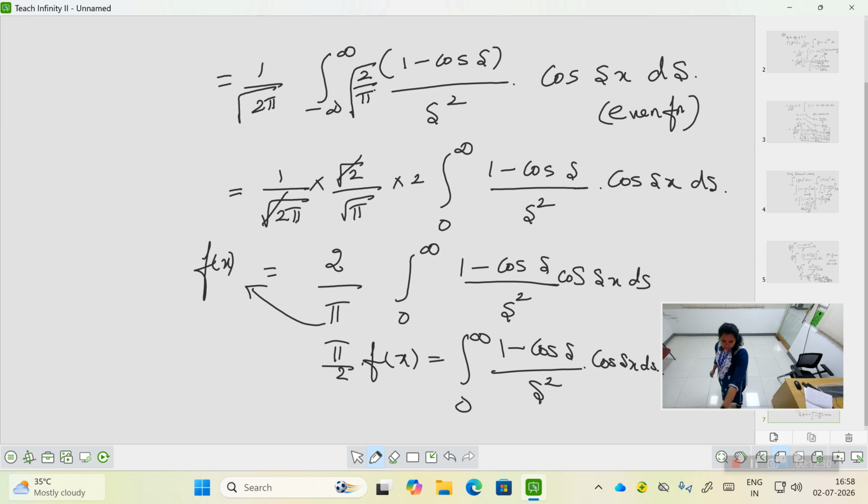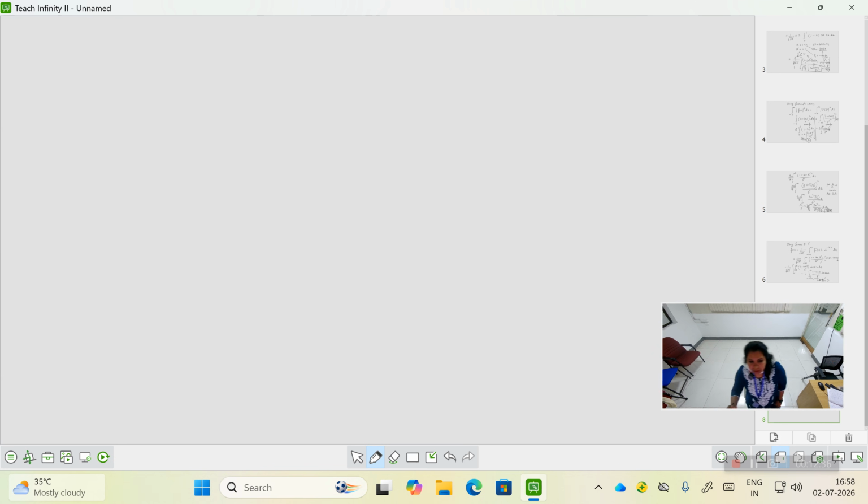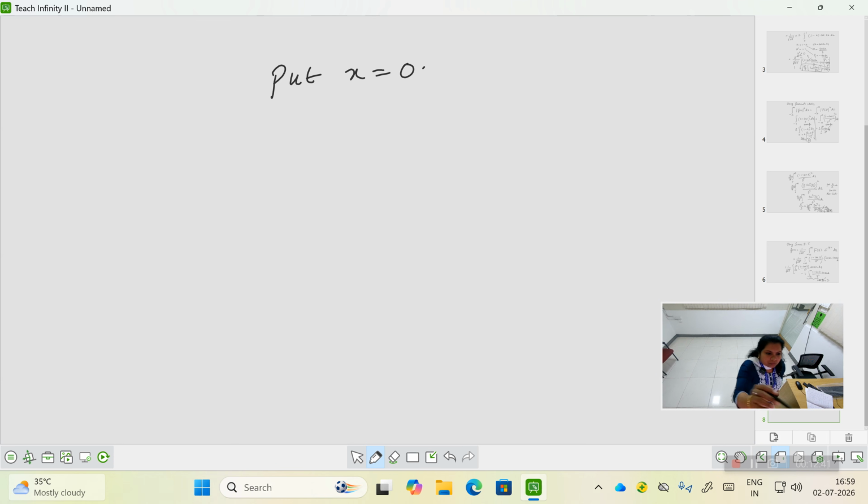Now we will find the value, because then only we can calculate. We have to omit the value for x here. So what term will we put now? x equal to 0. Why are you putting x equal to 0? Your cosine function will become 1, is it?